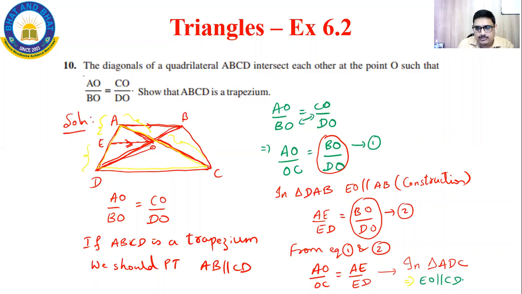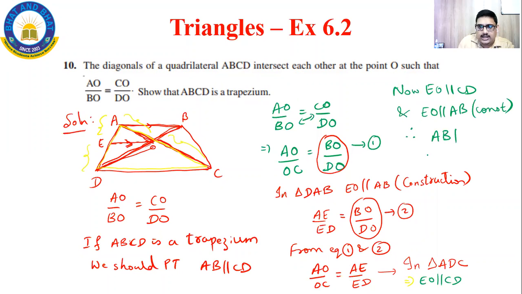Now EO is parallel to CD, and also EO is parallel to AB by construction. Therefore, AB is parallel to CD. Therefore, ABCD is a trapezium.